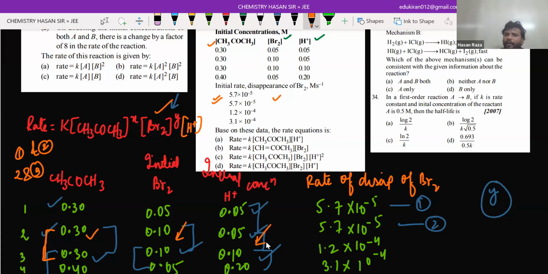You will get z. After that, you can use this one, because yz we already calculated. You can calculate x. After calculating, you will realize that the answer is very simple, and that is Br2 raised to the power 0 we are getting. So the answer will be this one, E.